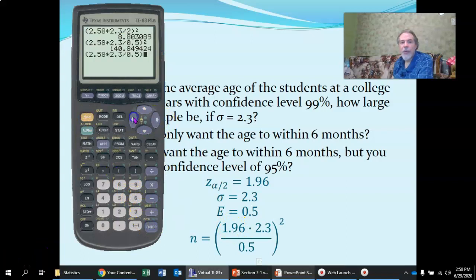So I'm just going to go back and edit that last entry to change the 2.58 to a 1.96, and it shows up as 81.288 something. Now, even though the nearest whole number would be 81, for sample size, we always round up, so I would round that up to 82. We would need a sample with 82 students in it.